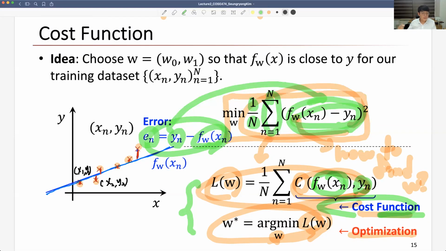That optimal parameter represents our final mapping function, which will be used at testing time. Okay, so this is the general idea of the cost function. Are there any questions so far?